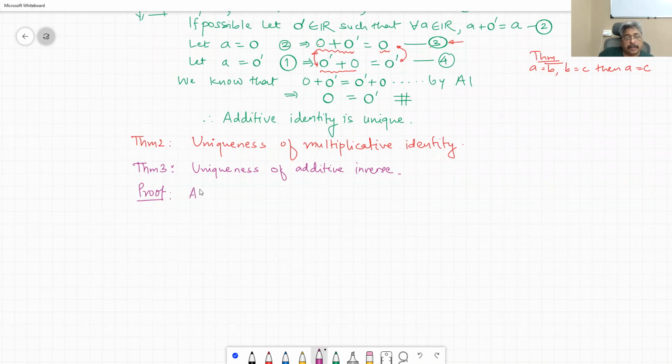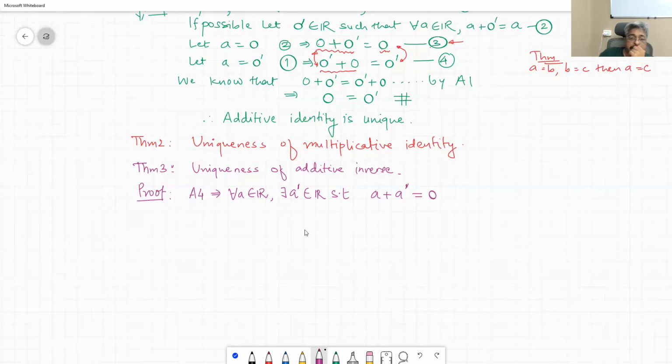No, additive inverse is A4. What is A4 saying? For every A belonging to R, there exists A dash belonging to R such that A plus A dash is equal to 0.